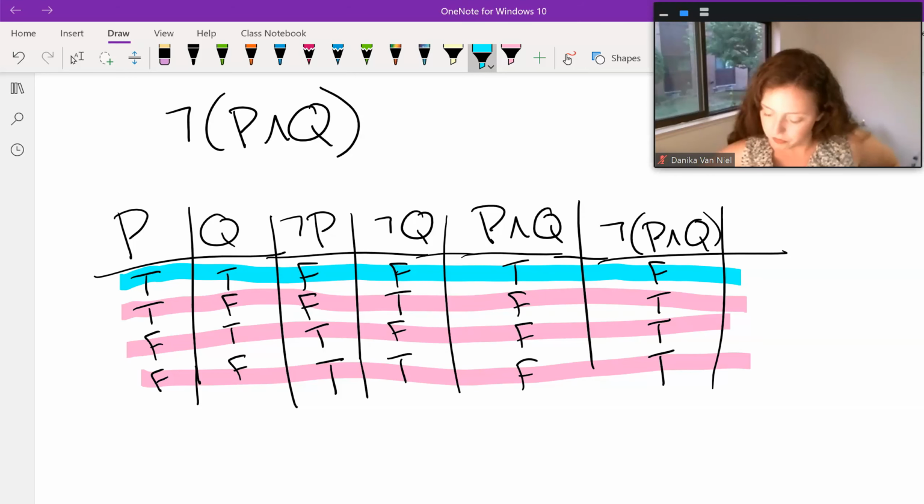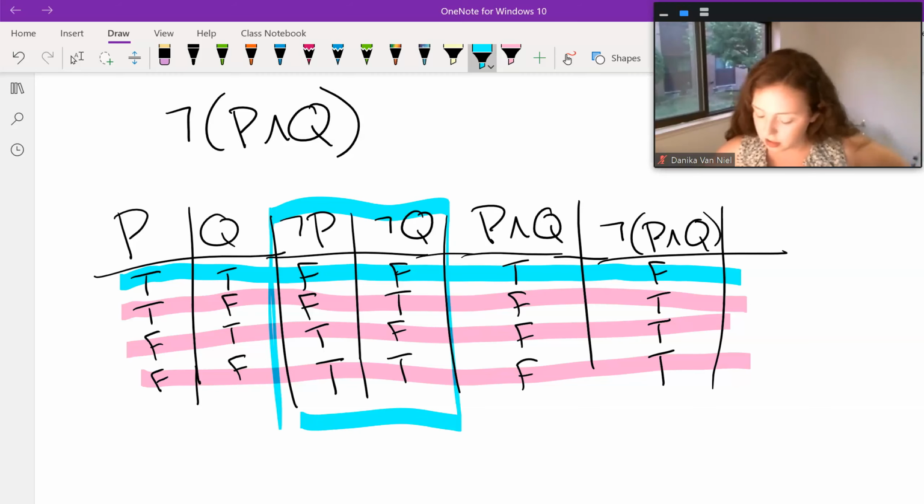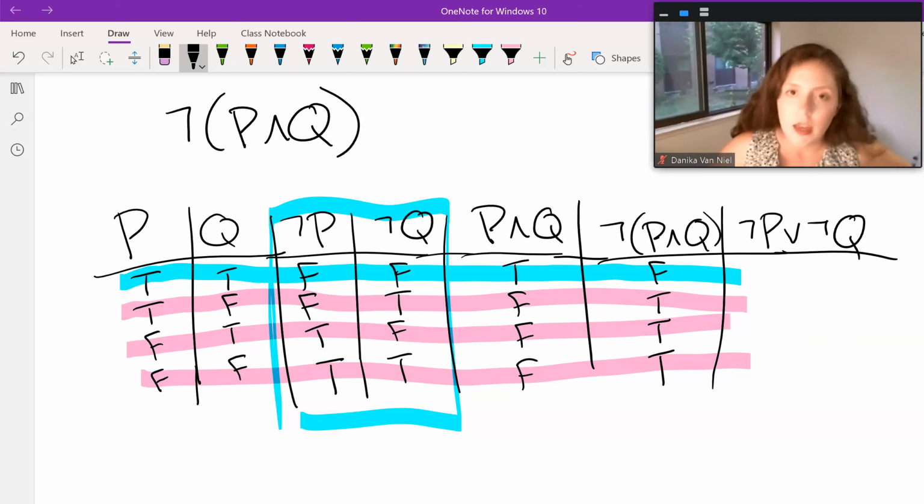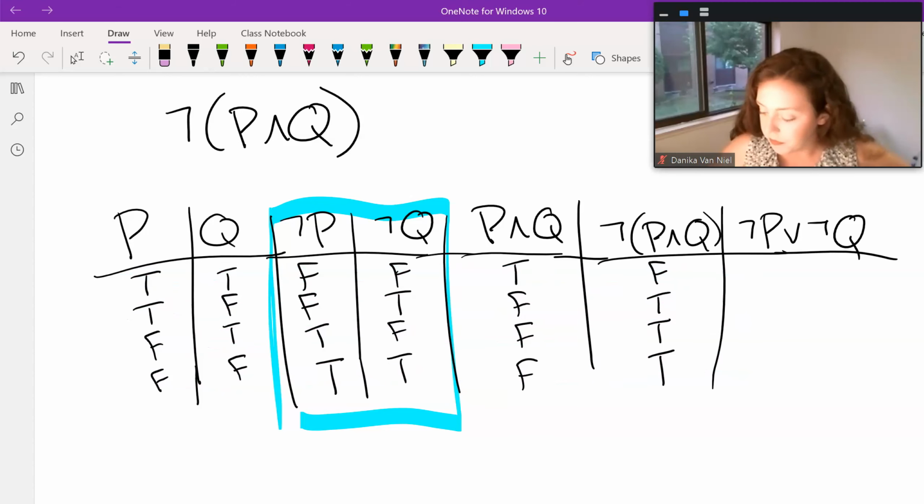Here, the pink represents when our statement is true, and blue represents when it's false. Ooh, well, if I pinpoint my focus on this little box here, it kind of looks like not P or not Q. And if you didn't see that right away, that's understandable.